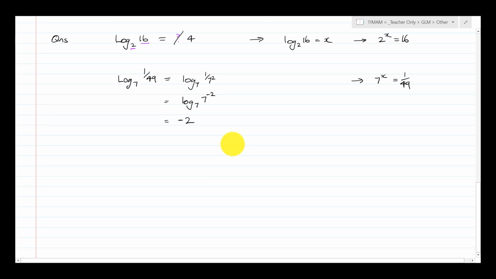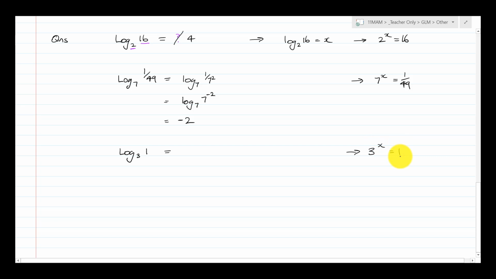The last question I might just quickly ask is, well, actually it won't be the last question, I'll do another one after this, but let's say log base 3 of 1. And this will bring us to one of the log laws, which we'll talk about in the next video. Log base 3 of 1. This is asking us 3 to the power of what equals 1. So I could rearrange this into an exponential as 3 to the power of x equals 1.